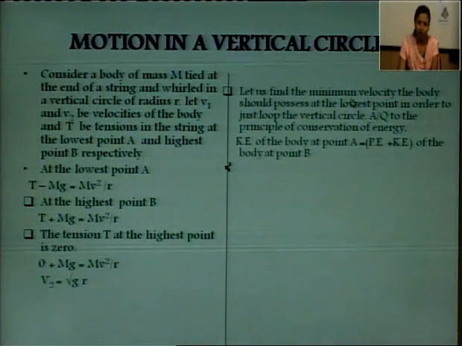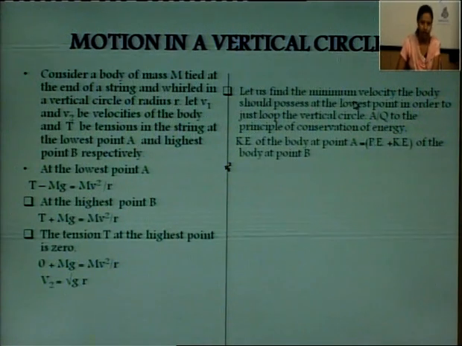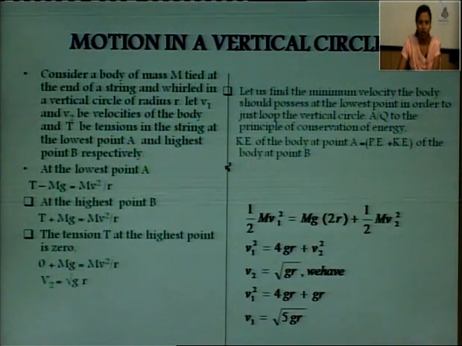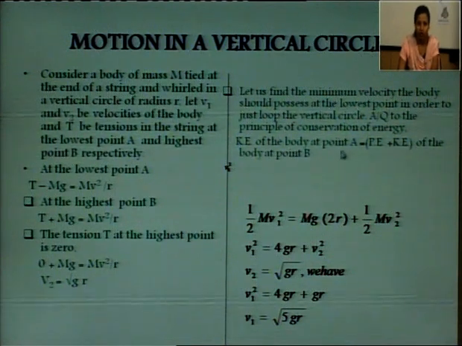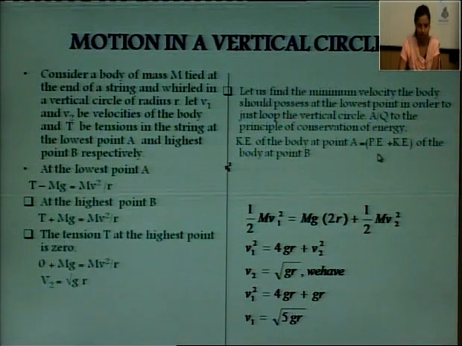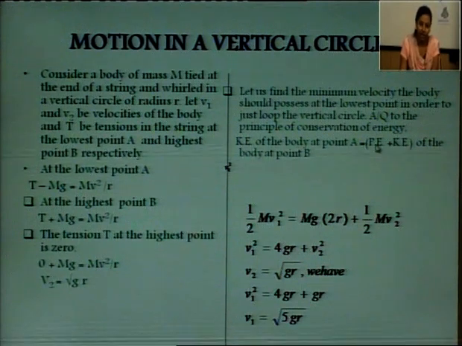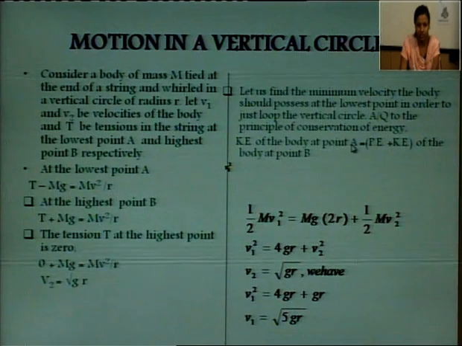Now we will find out the minimum velocity which a body should possess at the lowest point in order to just loop the vertical circle, according to the conservation of energy. Kinetic energy plus potential energy should be the same at each point. At the lowest point potential energy is 0, so only kinetic energy is at point A, but at point B both energies are there.